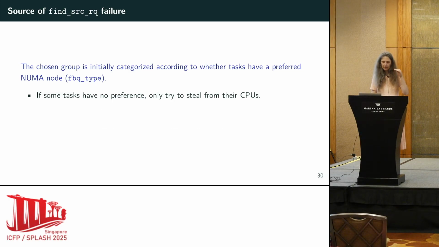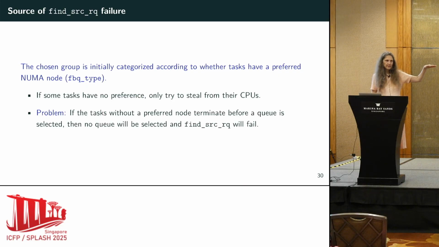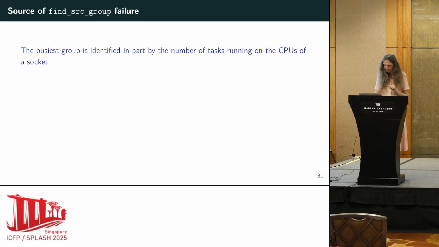And the problem is that between the time when we make that decision and the time when we actually steal something, remember we have many cores on our machine, all running along by themselves, and the situation will change. Then the FBQ type that we had initially is not appropriate anymore, it is not satisfied by what we see, and so we give up again.